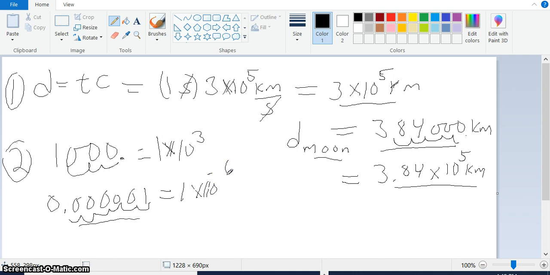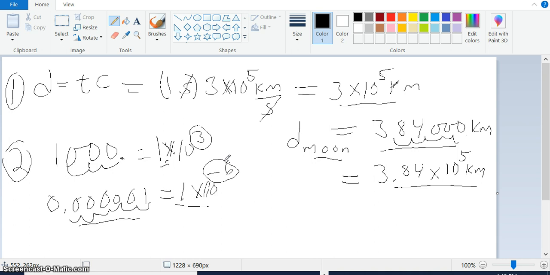The minus sign, of course, means to move the decimal place to the left. For this one, the decimal place is right behind the 1, so you move it 6 places to the left. All right, so that's that one.